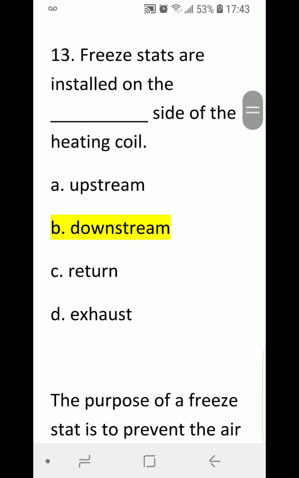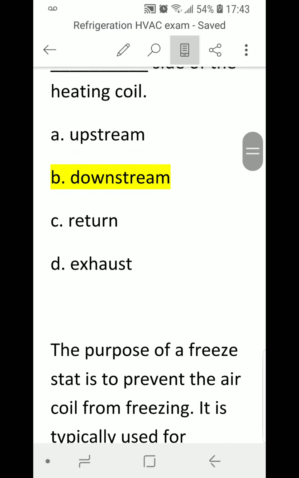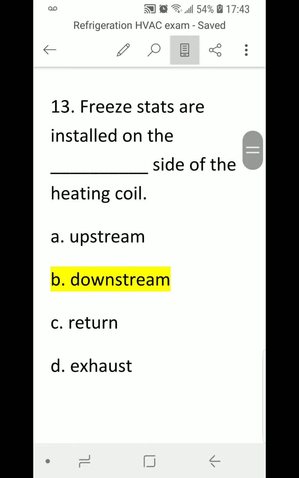Number 13, last question. Freeze stats are installed on the blank side of the heating coil. A. Upstream, B. Downstream, C. Return, or D. Exhaust. Correct answer is B, downstream.